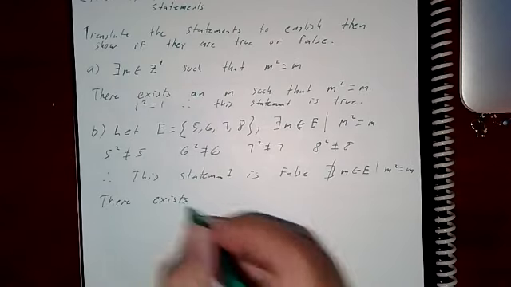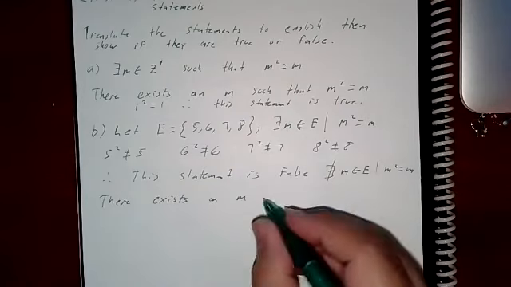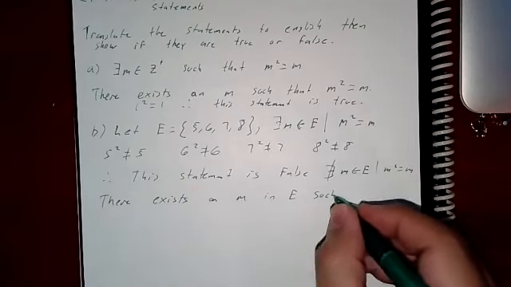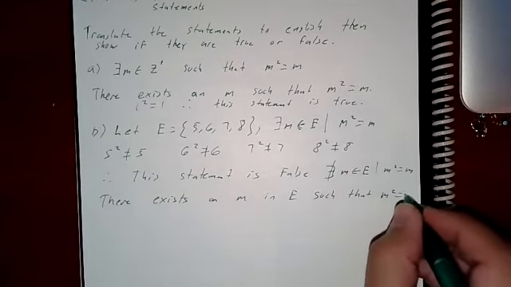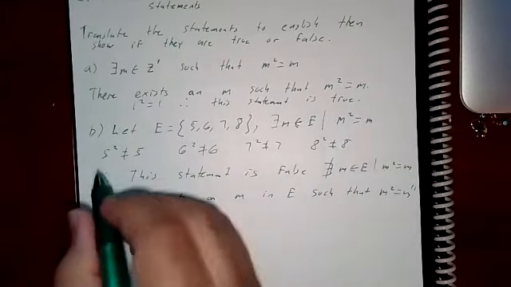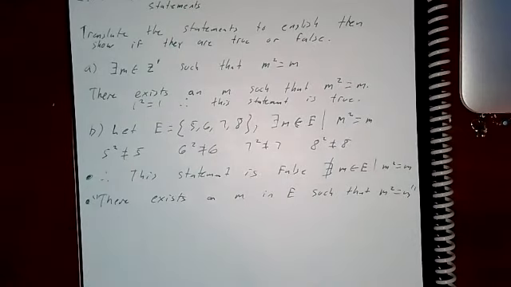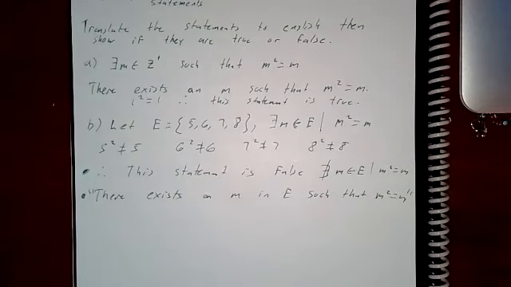Forgot to write it: there exists an M in E such that M squared equals M. So this is the translation, and this is my answer here, my 2 answers, for part B. So the next few questions will be just translating a statement that's already in symbols into an English statement.